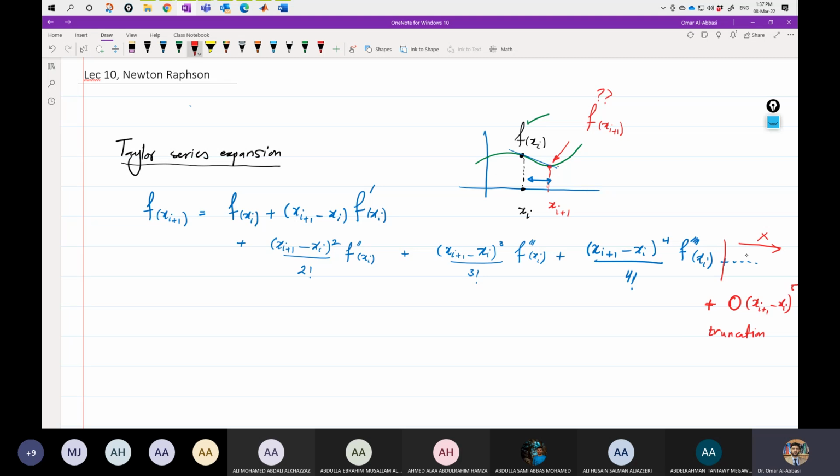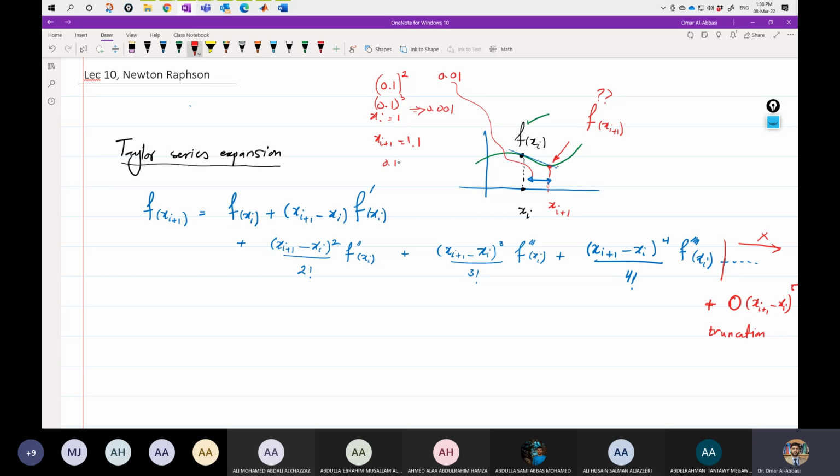Basically, you are cutting the series, and, for example, let's say, guys, that distance is 0.1. So xi was, let's say, 1, and xi plus 1 was 1.1. So that distance is 0.1. So 0.1 squared is 0.01. Then 0.1 to the power 3, that is 0.001.